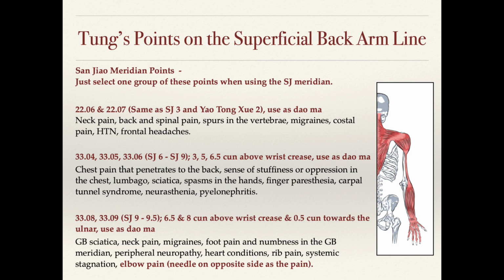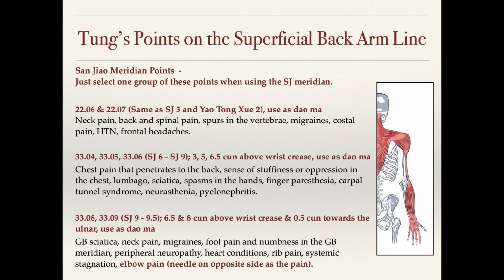Sense of stuffiness and oppression in the chest. And I always compare these points. I mentioned the case study with 33.08 and 33.09 in the last section, and these points can be used the same. So when you get these types of conditions, the way that the tensegrity works in each person and the way that the tension in the system lands upon groups of points, it's always a little different for everyone.